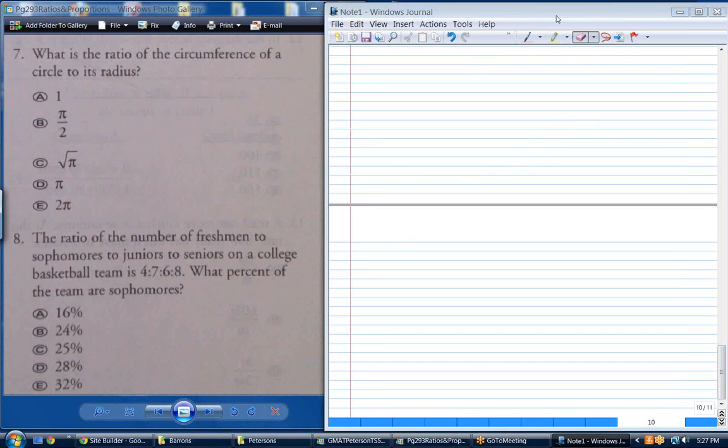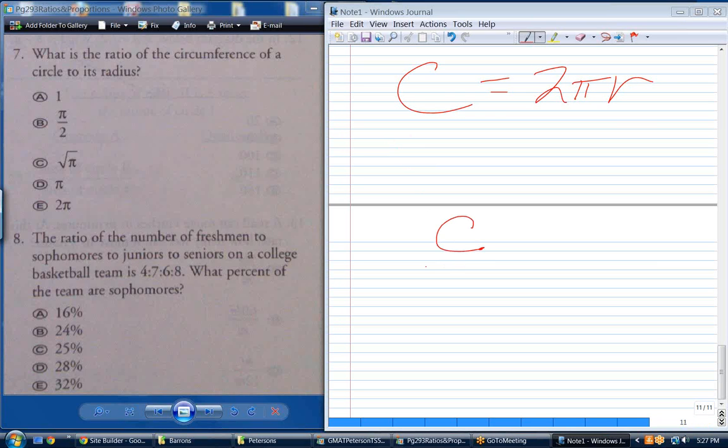It's the ratio of the circumference of a circle to its radius. What's C equal to? 2 pi r. So how would I find out the ratio of the circumference to the radius?